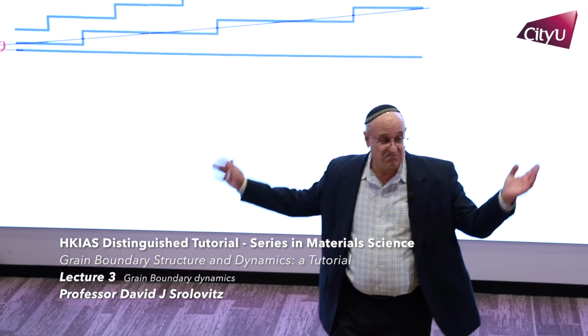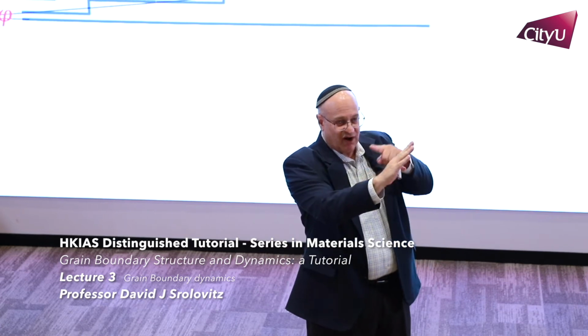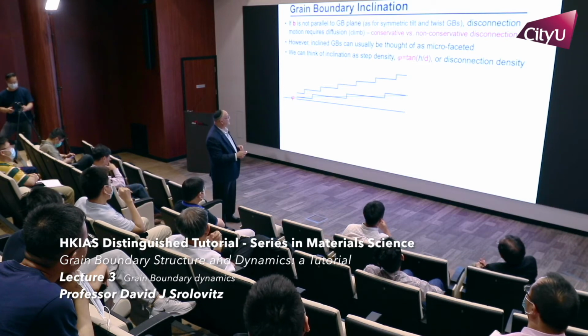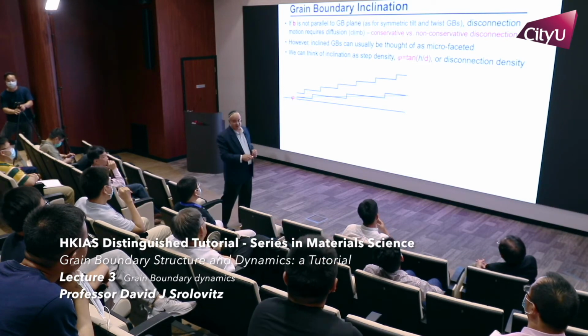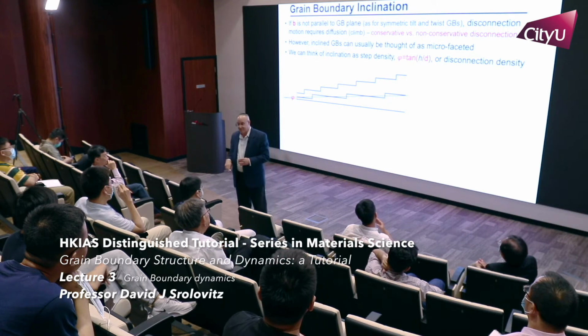No problem. On the other hand, if I take that same disconnection and change the orientation of the boundary like this, the only way it can move along is by adding or removing matter, and that's a non-conservative motion. So I would need some diffusion for that. So we have the concept just like we have for dislocations: we've got glide and we've got climb.